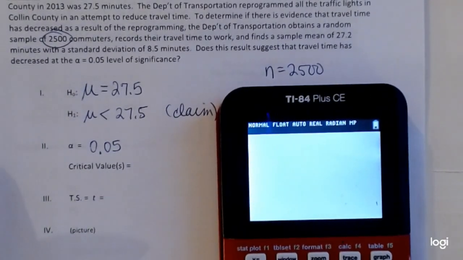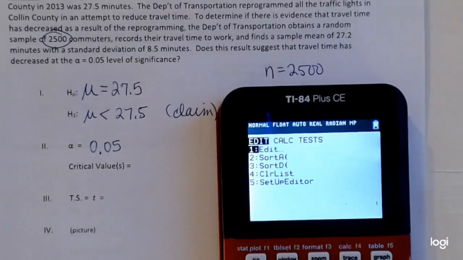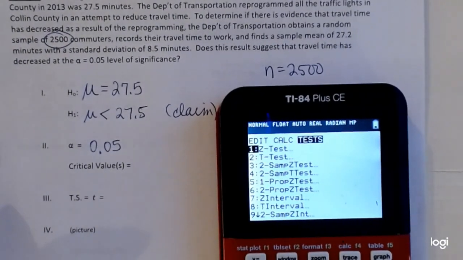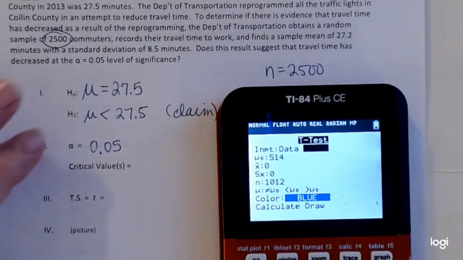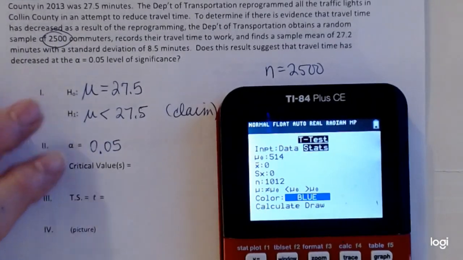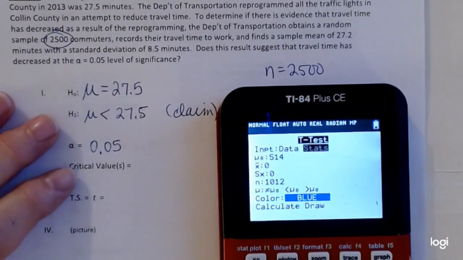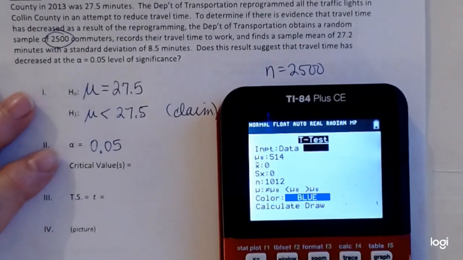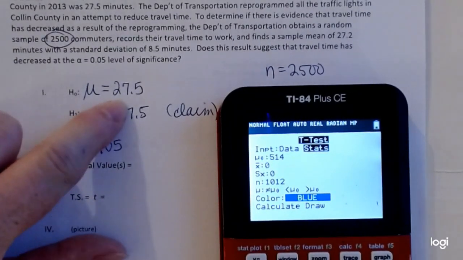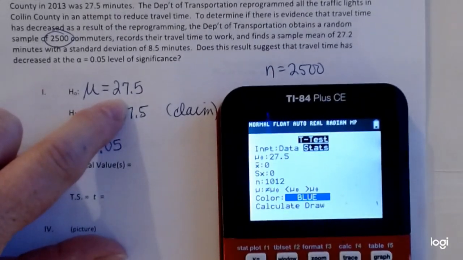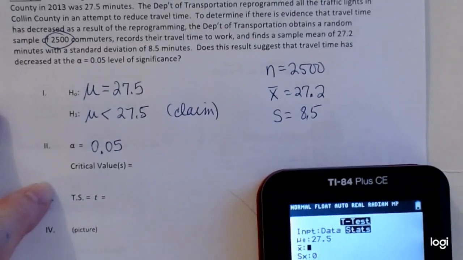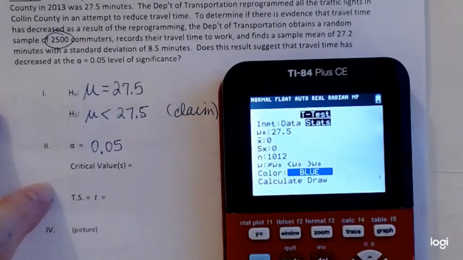So again, we're going to go to Stat and then over to Tests, and there it is, number 2, the t-test. And we're going to put in stats. Now in a later problem we'll put in data, meaning that we have raw data, and we'll put it into a list. But for this one we're going to use stats, so we'll leave that. Mu naught is 27.5. X bar is 27.2.